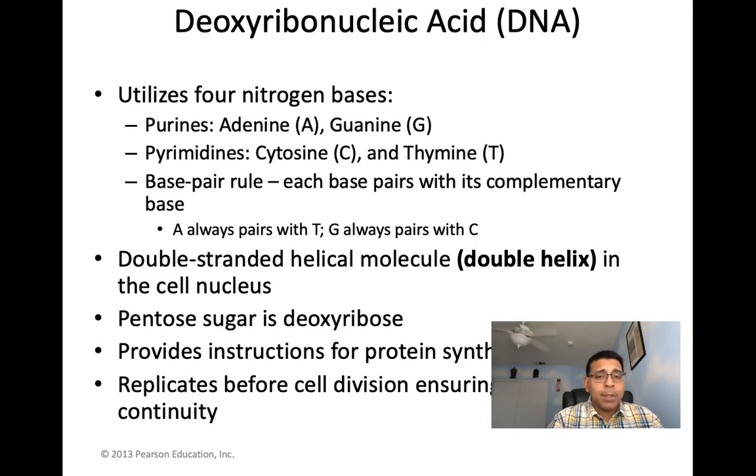Next, then we have cytosine, capital C, thymine, capital T, and we have uracil, capital U. Uracil we're going to talk about in relation to RNA.